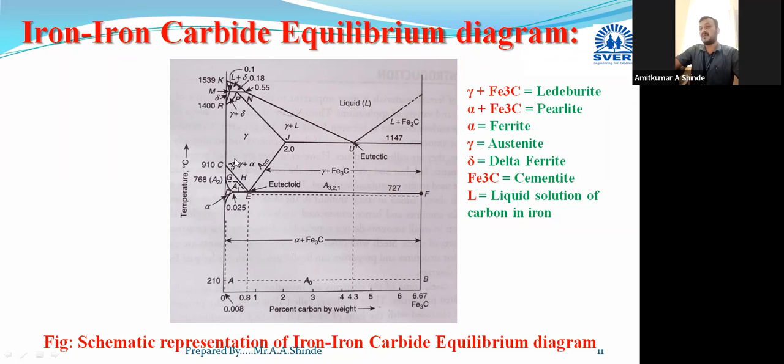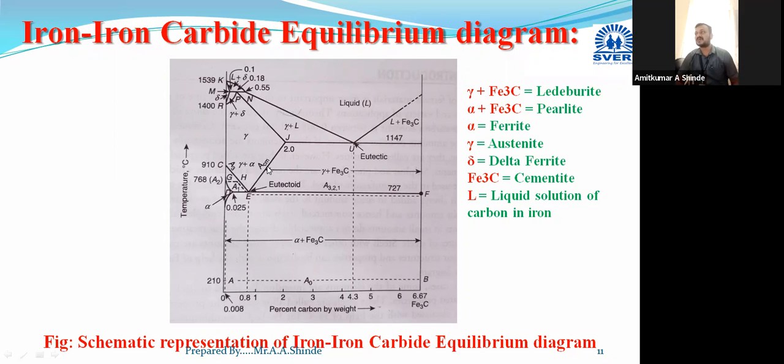And if you have added certain elements, and if they are decreasing this A1 or A3 temperature, and this A4 temperature will increase, means area of this austenite phase is more, or stability is more, then those elements will be termed as austenite stabilizers. Now there are certain elements, if you have added beyond some limit, then what will happen? From room temperature up to the melting point, only a single phase will be there. Suppose only austenite phase is there.